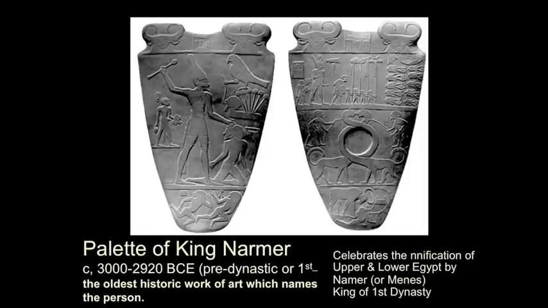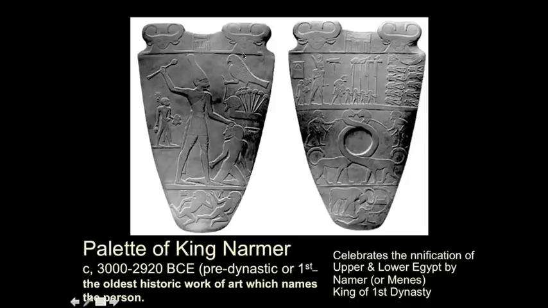And so the first pharaoh we can identify is King Narmer. And we know him because we can read hieroglyphics, of course, and there is a stone palette called the Palette of Narmer that tells a story. And the story that's told by the Palette of Narmer has to do with the unification of the two Egypts, Upper and Lower Egypt.